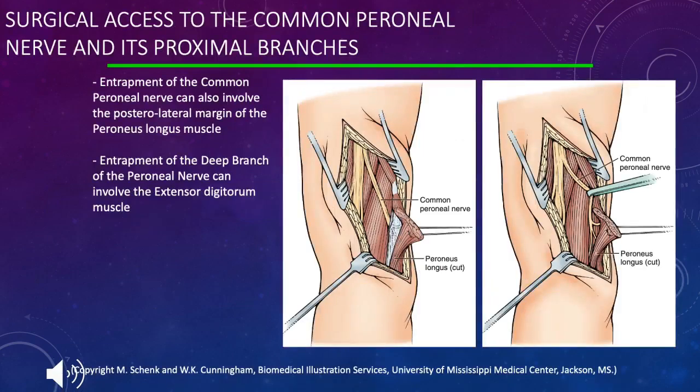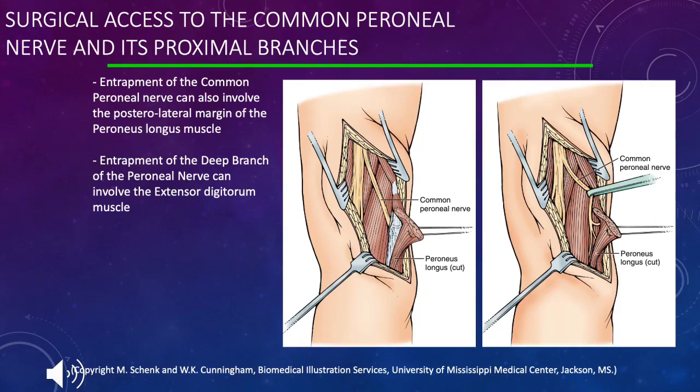Also keep in mind that although the most common point of entrapment of the peroneal nerve is at the fibular head and neck, in some cases it's the course of the common peroneal nerve and proximal superficial peroneal nerve at the margin of the peroneus longus muscle where the entrapment point occurs, and therefore you may need to divide the margin of the peroneus longus to assure a good decompression.